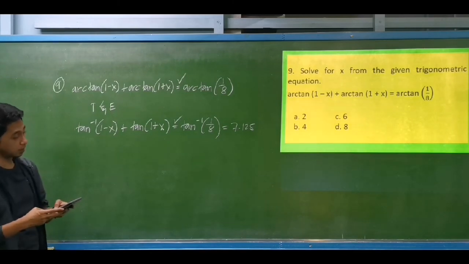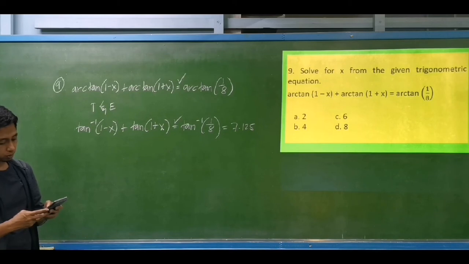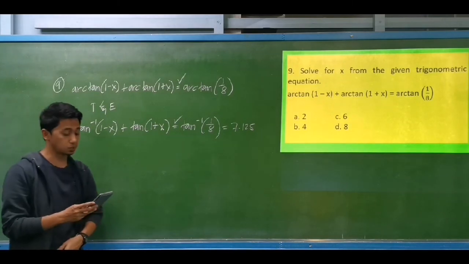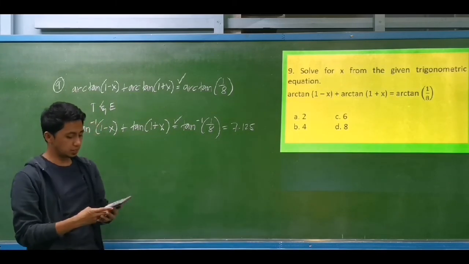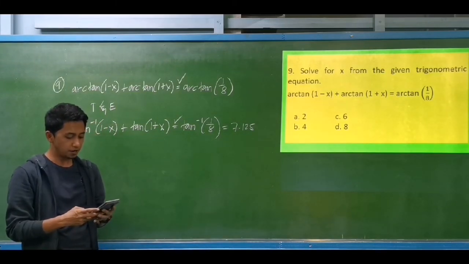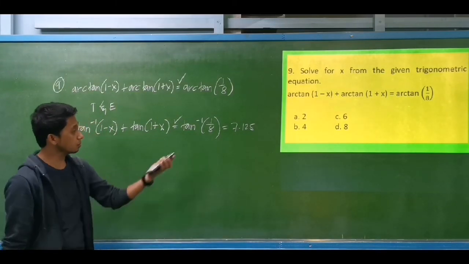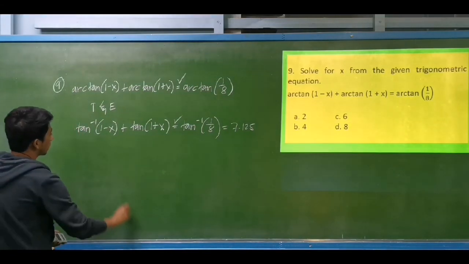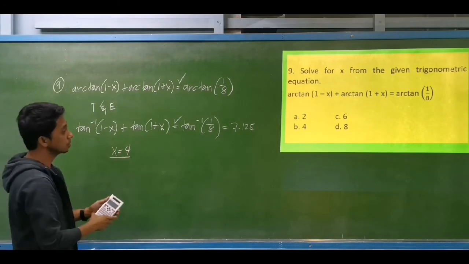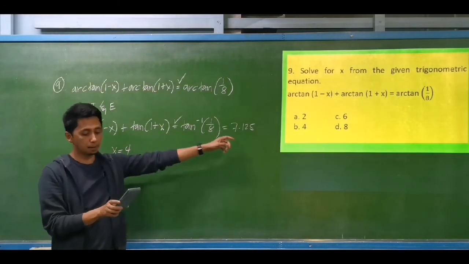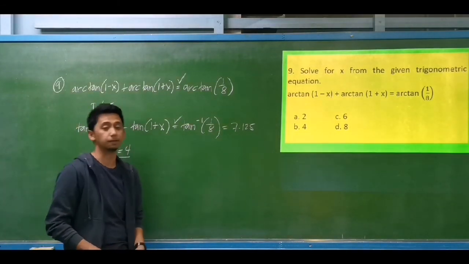For example, letter A, that is 2. The result is 26.565, which is far from 7.125. Let's try letter B, which is 4. So the value of x should be equal to 4. This is by trial and error. When we use 4, it gives 7.125.